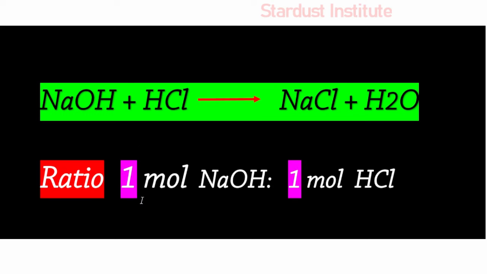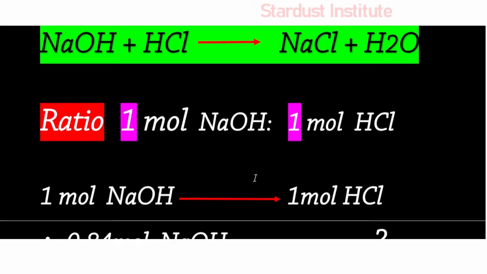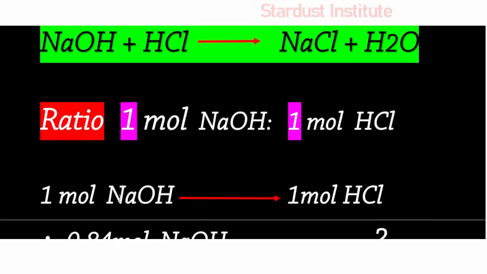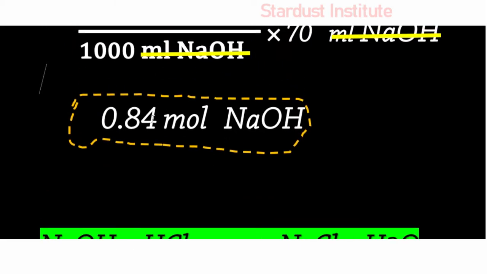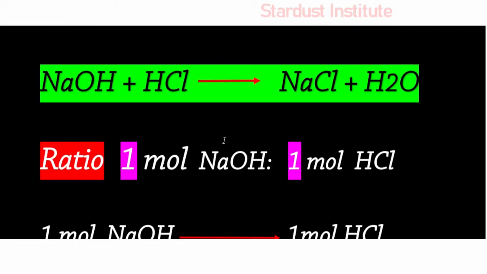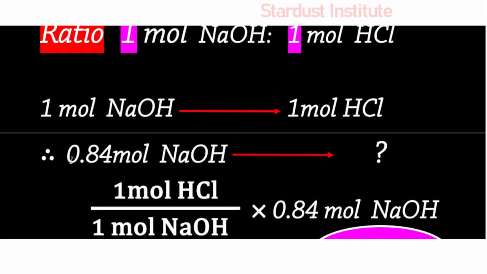We can see that to react with 1 mole of sodium hydroxide, 1 mole of HCl is required. Now we have 0.84 moles of NaOH. Therefore, to react with 0.84 moles of NaOH, how many moles of HCl are required?